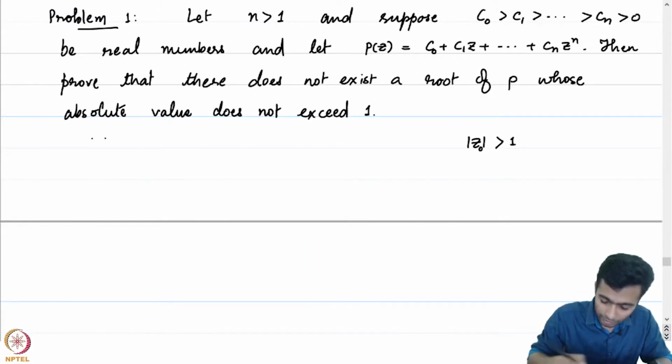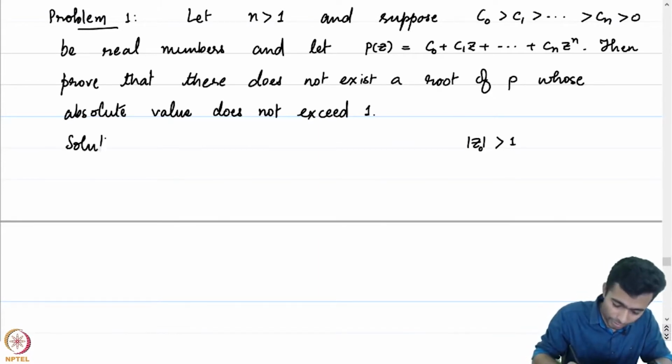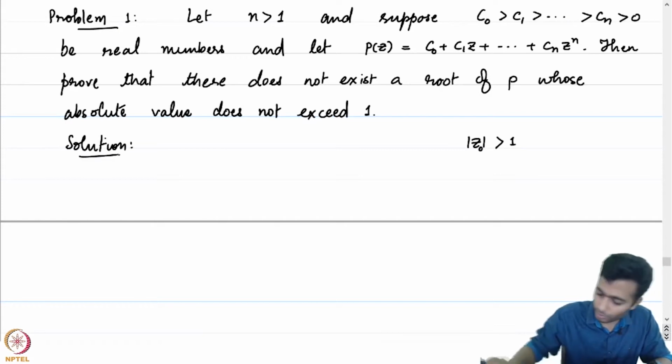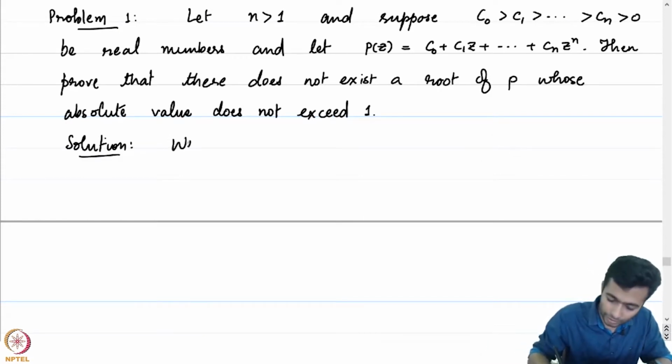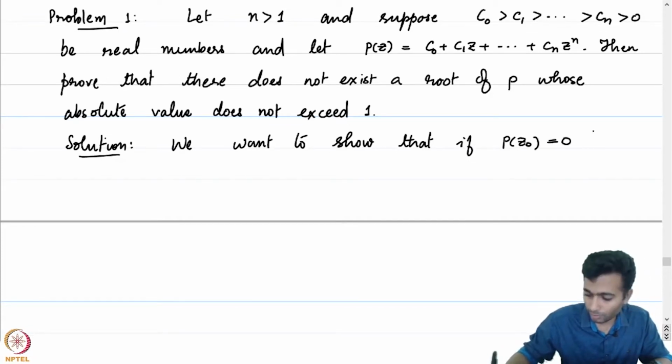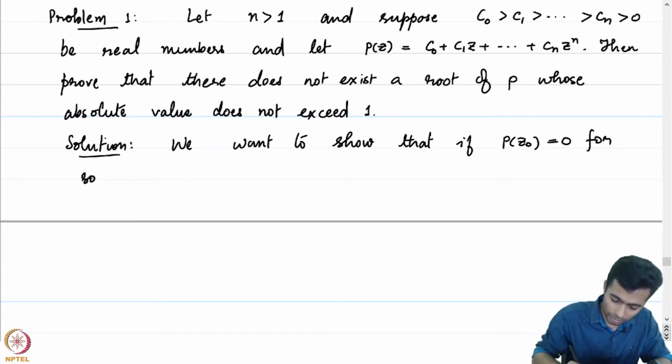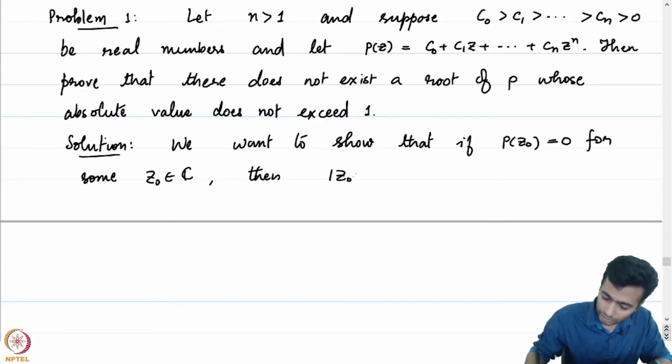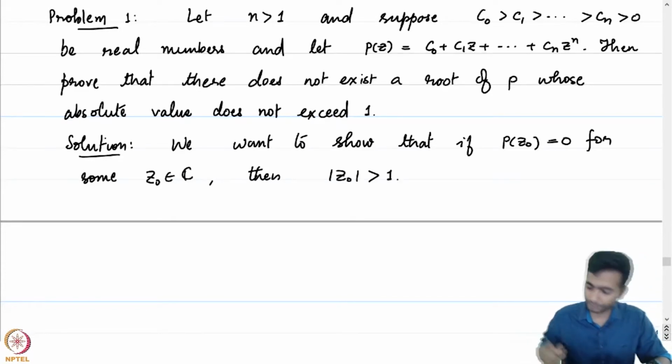So rephrasing it, let me write down a solution. What do we want to show? Let me write it down in words. We want to show that if P of z0 is equal to 0 for some z0 in C, then mod z0 is greater than 1.